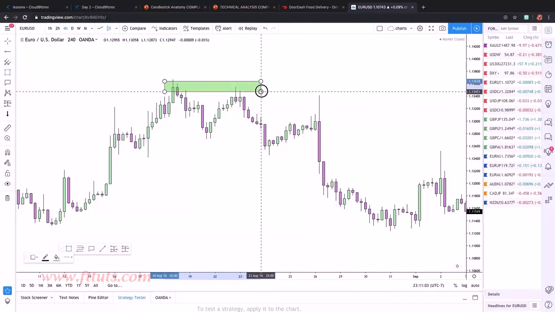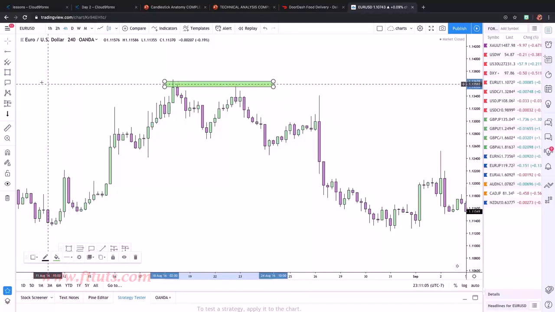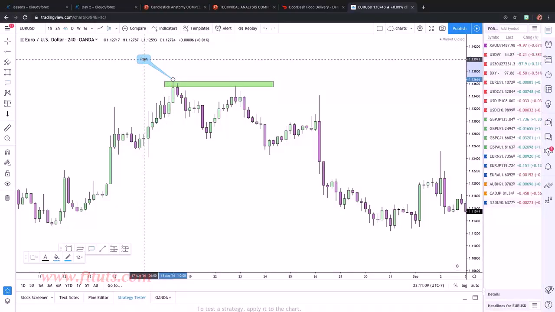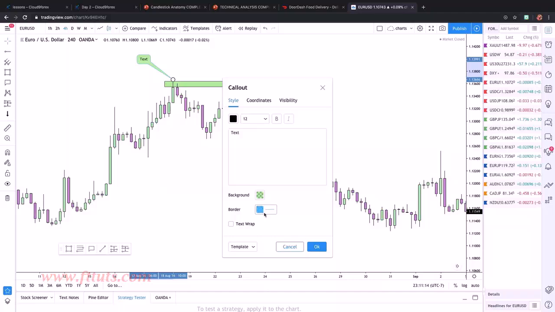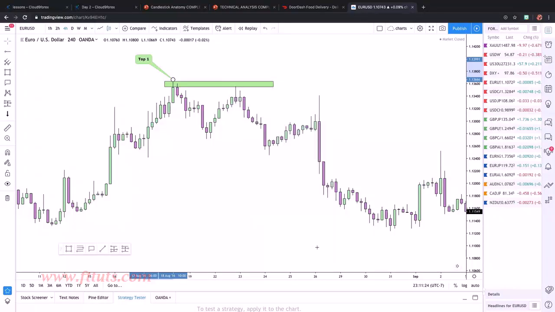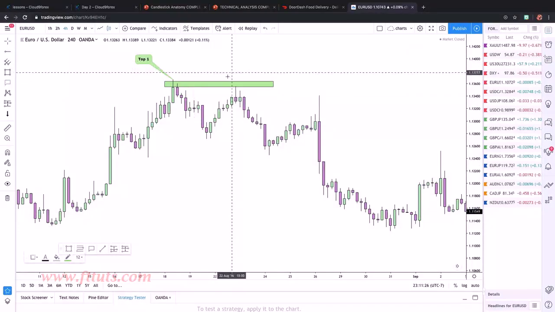So I'm just going to draw a resistance line. And then we have two tops. We have top 1. And I'm just going to change the color. So we have top 1. And then top 2.